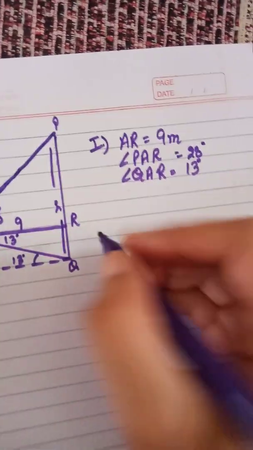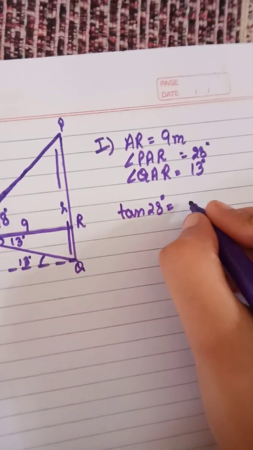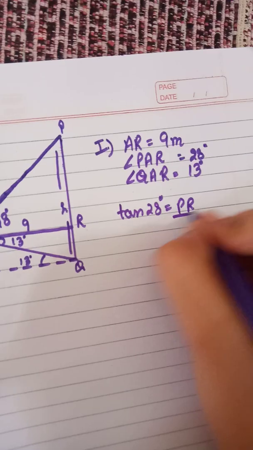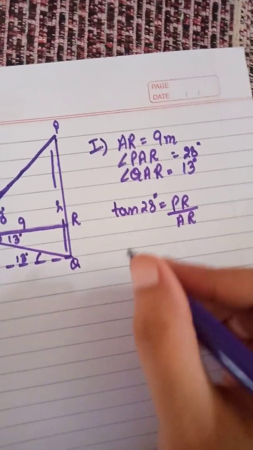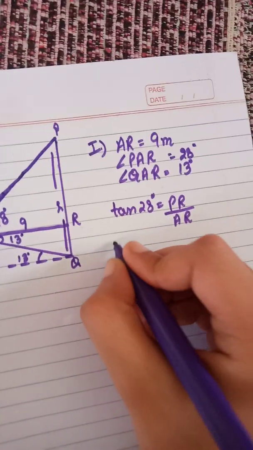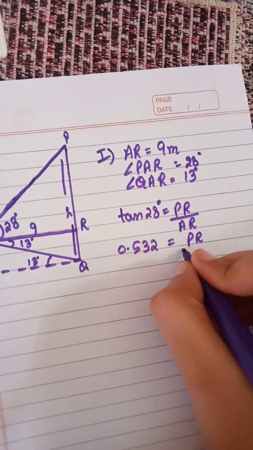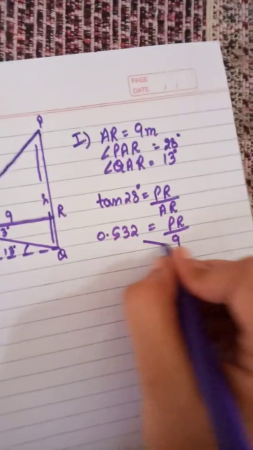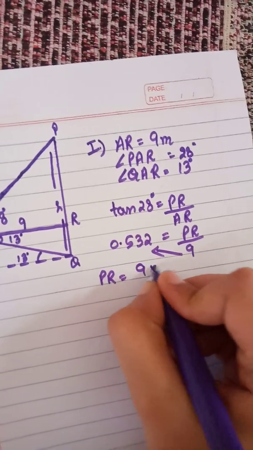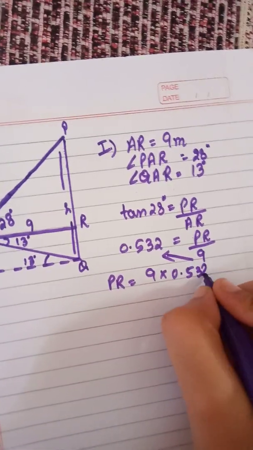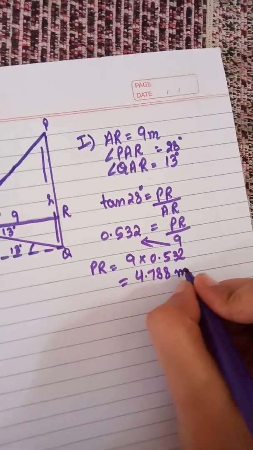So now it is very easy. tan 28 degree is equal to perpendicular PR by base AR. The value of tan 28 is 0.532. PR we have to find, AR is given 9. So PR is equal to 9 multiplied by 0.532, which is equal to 4.788 meter.